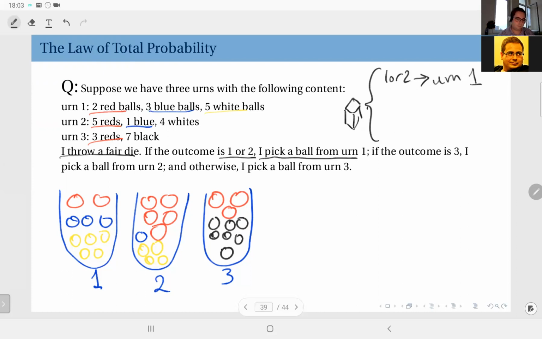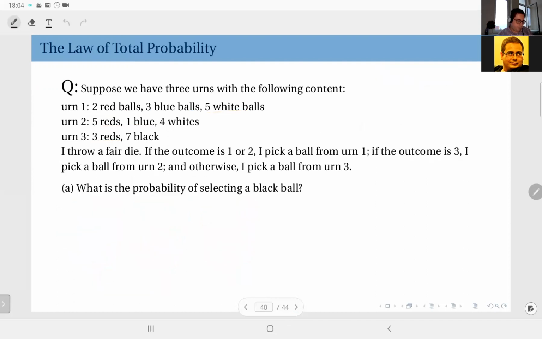If the outcome of the die is 3, then I use urn number 2. Otherwise, if it is either 4, 5, or 6, urn number 3. The question is, what is the probability of selecting a black ball?